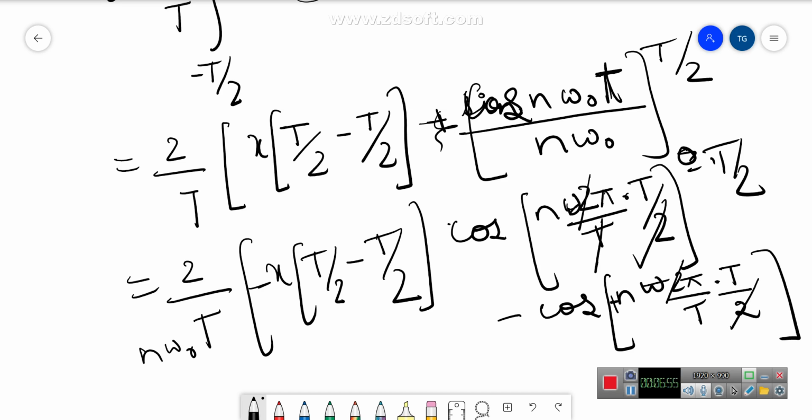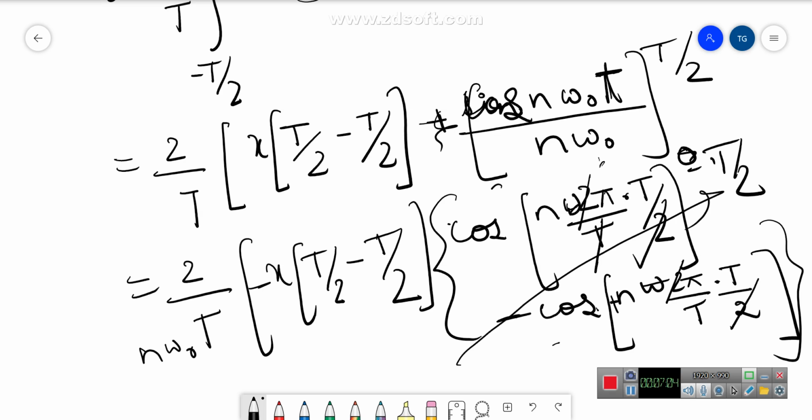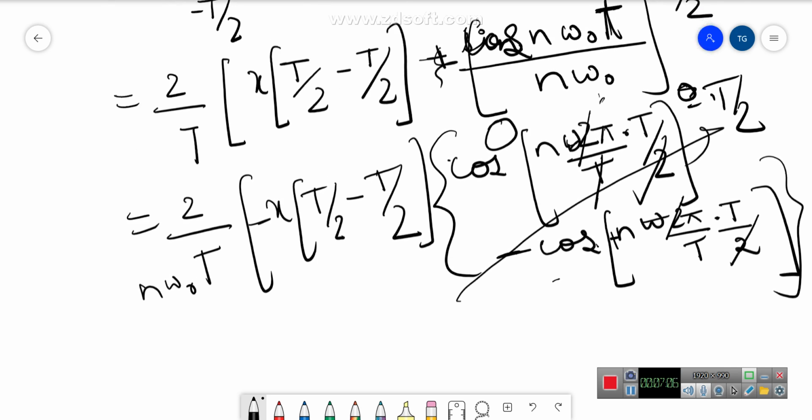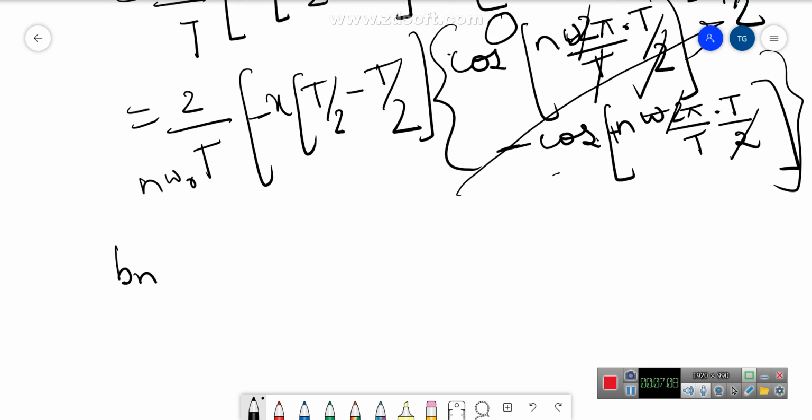So this is nothing but the same term, and in between we have a minus sign, so this minus this becomes 0, so the whole term becomes 0 here, and thus bn is equal to 0.